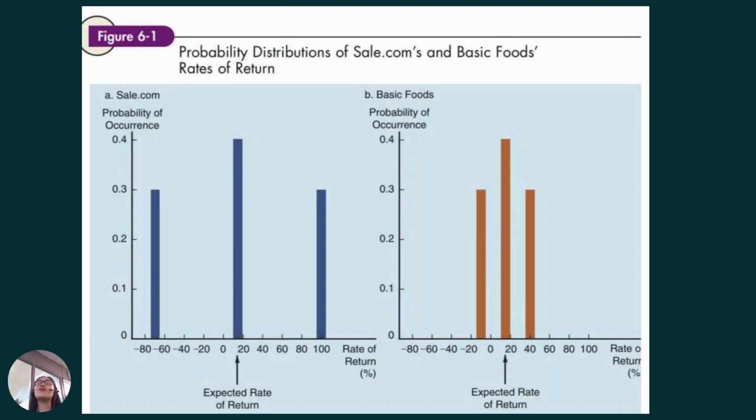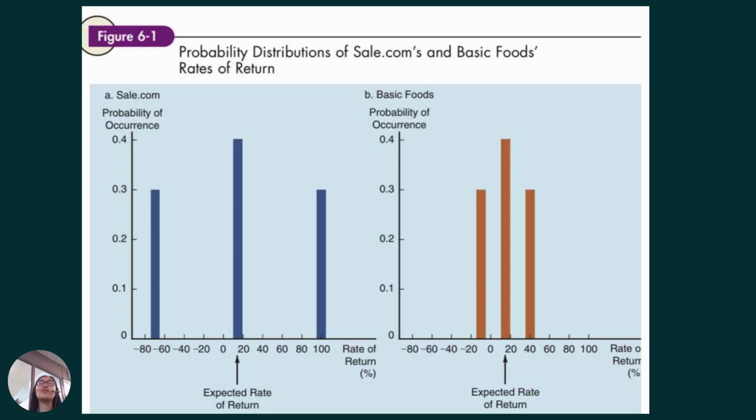Okay, from this figure, which of the stock graphs in Figure 6-2 is less risky and why? So the concept is graphing rates of return to visualize the variability of the possible outcomes for an investment. In this scenario, bar charts are used to represent the probabilities of different outcomes, with each bar's height indicating the probability of that outcome occurring. It discusses two hypothetical investments, Sale.com and Basic Foods.